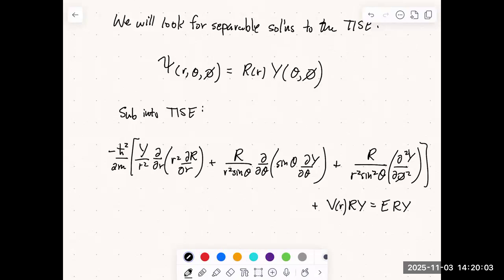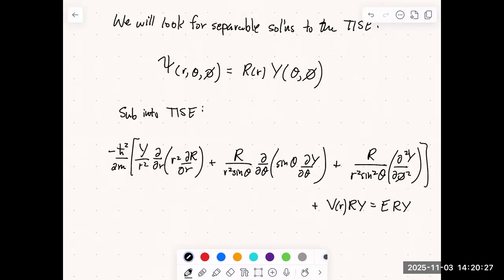Then I'll get rid of these things, and I'll have things that depend only on angle. But over here, if I did that, I would still have a Y here. So I'm going to divide by R times Y and the little r squared, so that this becomes only a function of r. I'll package that with this thing that depends on r as well.